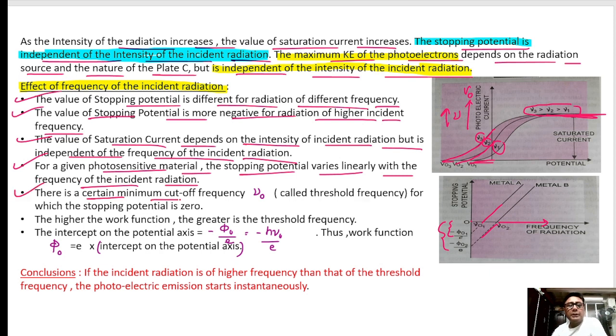There is a certain minimum cutoff frequency. As you can see, this is the cutoff frequency. This part is the cutoff frequency, called the threshold frequency, for which the stopping potential is 0.